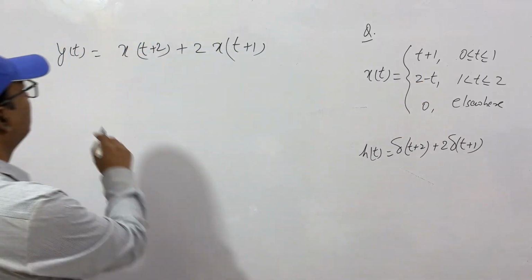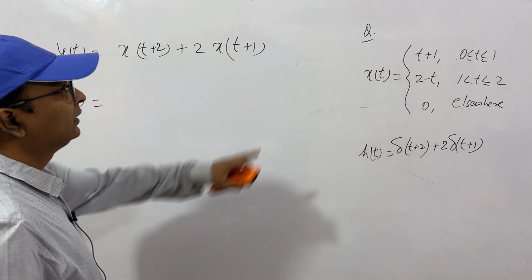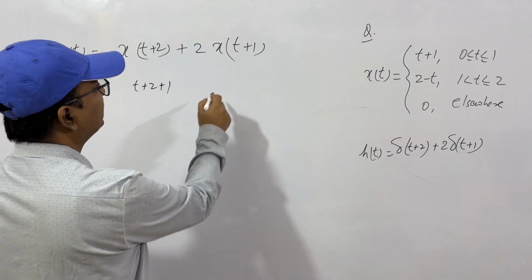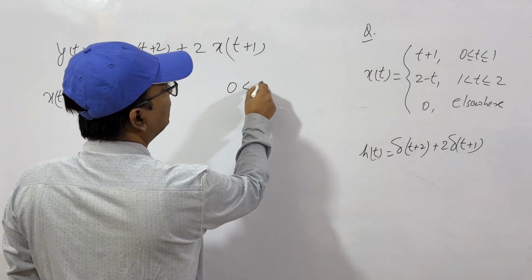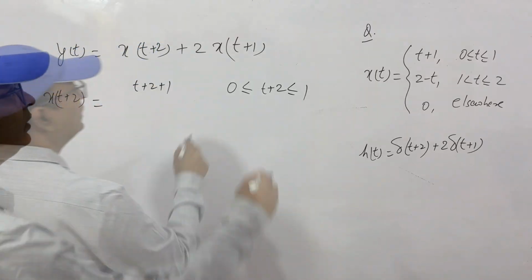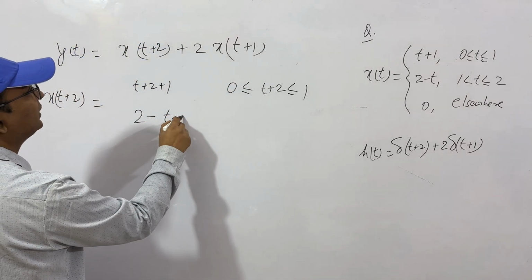Okay, so let's analyze the first signal, x(t plus 2). What will it be? See, you have that signal, so we will put t plus 2 plus 1, and the limits will become 0 to t plus 2, 1. Then it is 2 minus, we have t plus 2.